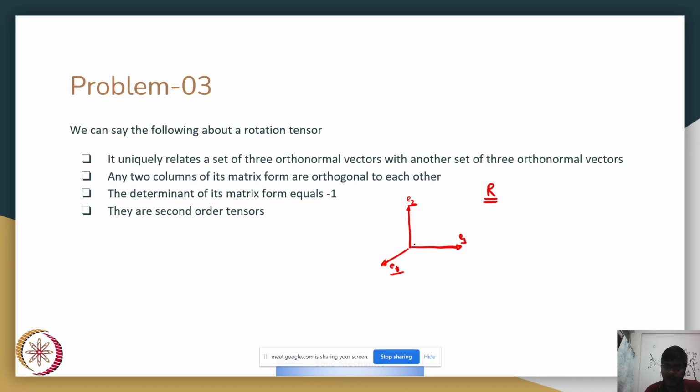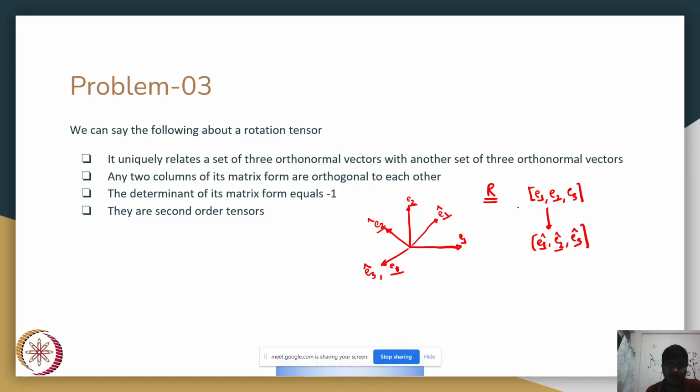Rotation tensor R will essentially map an orthonormal basis E1, E2, E3 to another orthonormal basis E1 hat, E2 hat, and E3 hat.